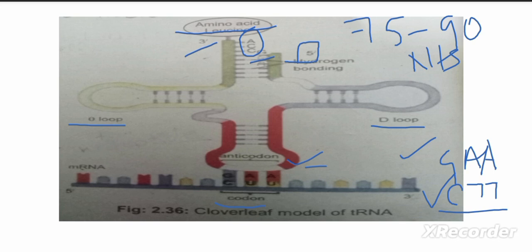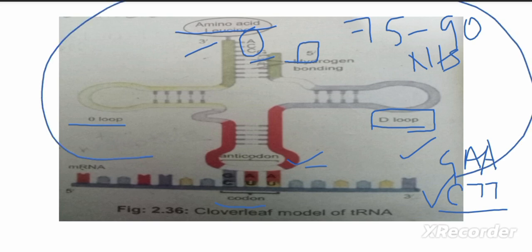This T loop recognizes the activation enzyme, and the theta loop recognizes the specific place on the ribosome for binding, because during the process of translation, when the transfer RNA is involved in protein synthesis, the ribosome subunits are also present.